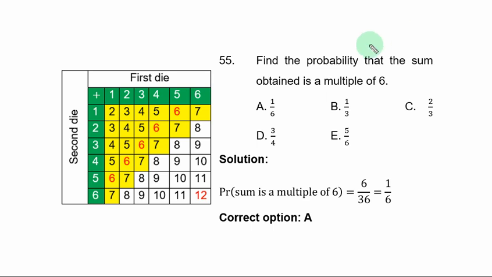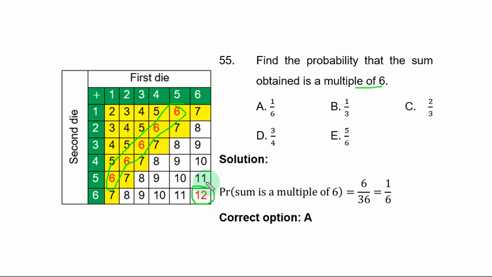Question 55. Find the probability that the sum obtained is a multiple of 6. That is, numbers that 6 can divide without a remainder in the sample space. You have this set of numbers, and 12 as multiples of 6.